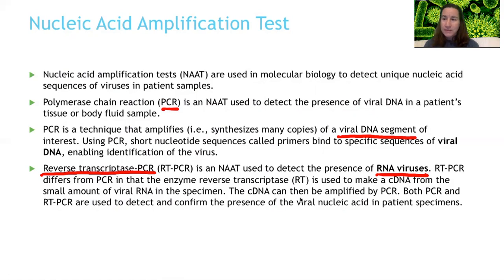Does this person have that specific RNA that is keyed for coronavirus or whatever the virus is that we're looking for? If we're looking for RNA, we'd use RT-PCR. If we're looking for DNA, a virus that has DNA inside, we'd look for just a normal PCR kind of test. So those are two different things that we can use to test for the genome inside the virus.